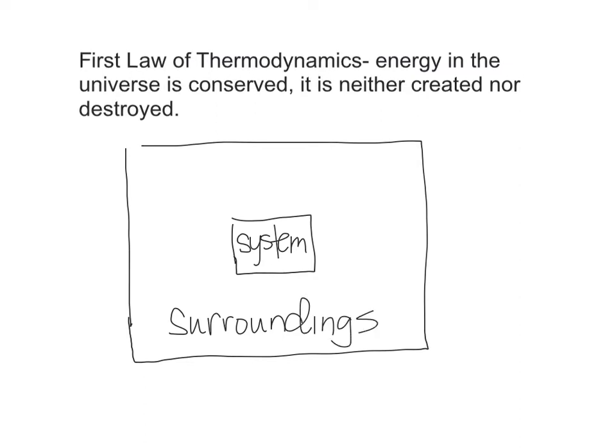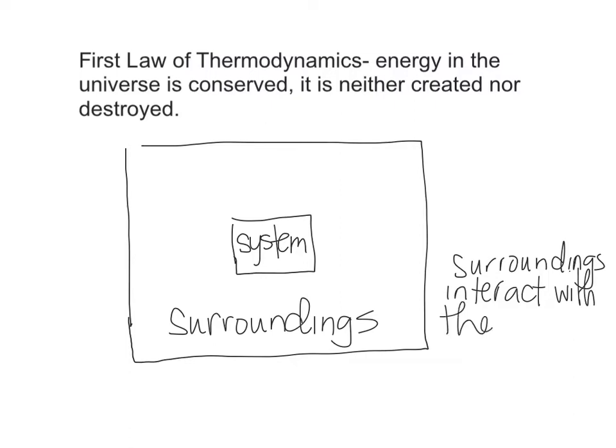What we're going to consider the surroundings in this unit is basically just the part of the surroundings that actually interact with the system. So we're going to be looking at something more localized rather than the edges of the universe.